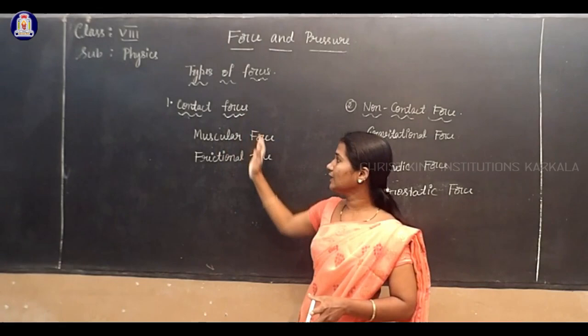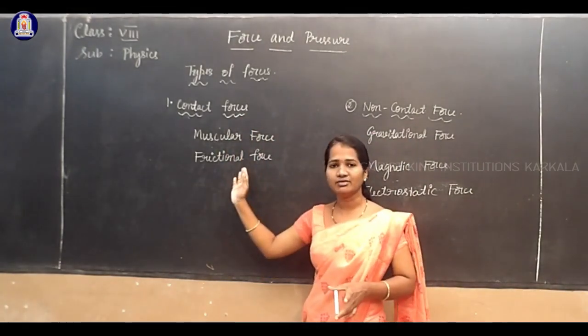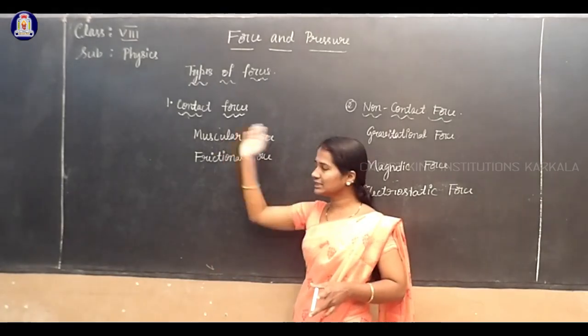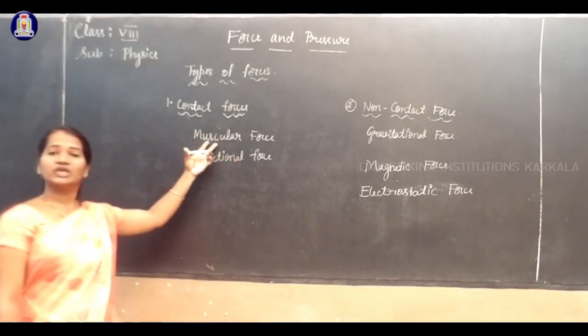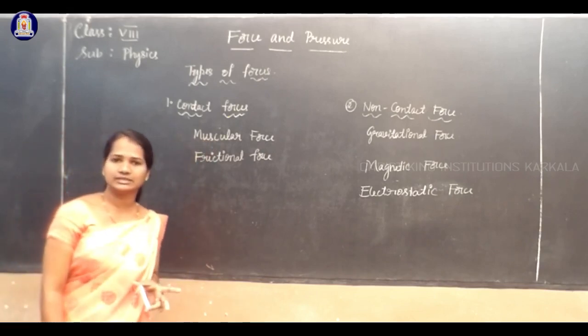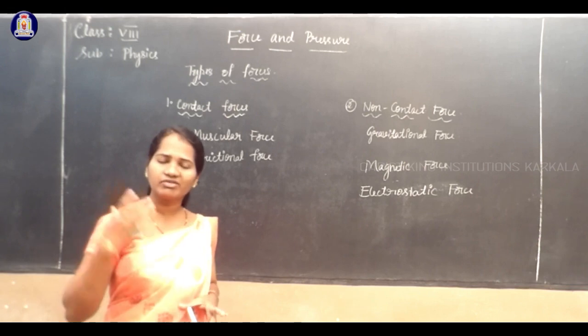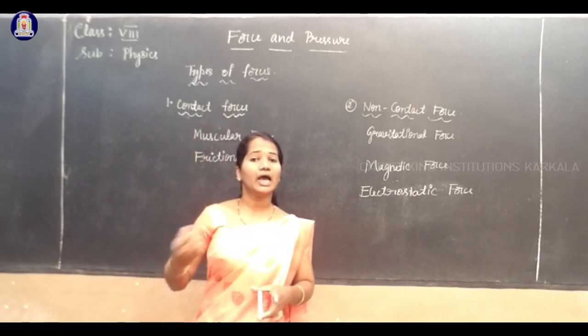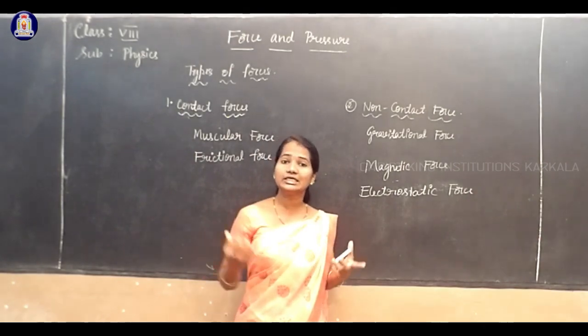There are two types of contact forces. They are muscular force and frictional force. So what is this muscular force? As the name indicates, the force which we apply by using our muscles is called muscular force. In the sense, to perform any activity, we have to apply force using our muscles.